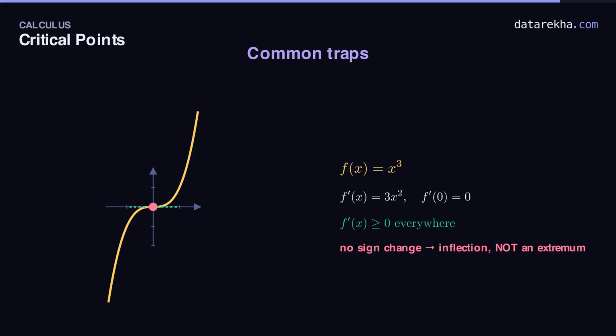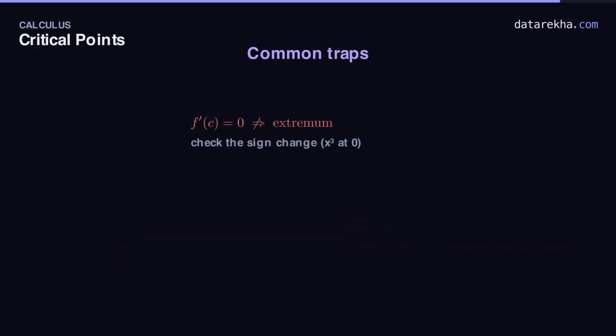The slope is positive on both sides. No sign change. So the curve climbs right through, an inflection, not an extremum. Necessary, but never sufficient. So trap 1, restated: a zero slope is only a candidate. Always check whether the derivative actually changes sign across it.